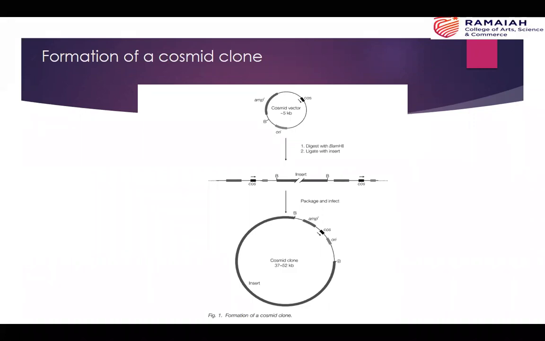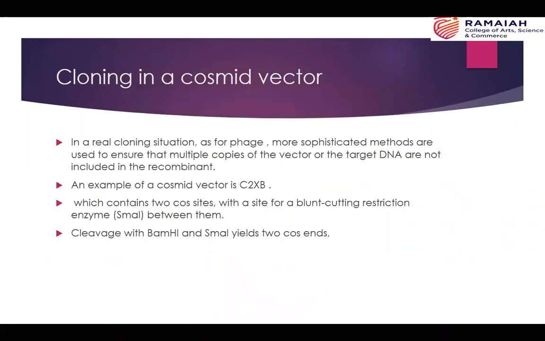In order to overcome such issues during the cloning, a few more properties have been incorporated in these cosmid vectors. So let's see what are those extra or additional features that are incorporated in the cloning vector. Whatever features are present on a simple cosmid vector, I had discussed in the previous slide.